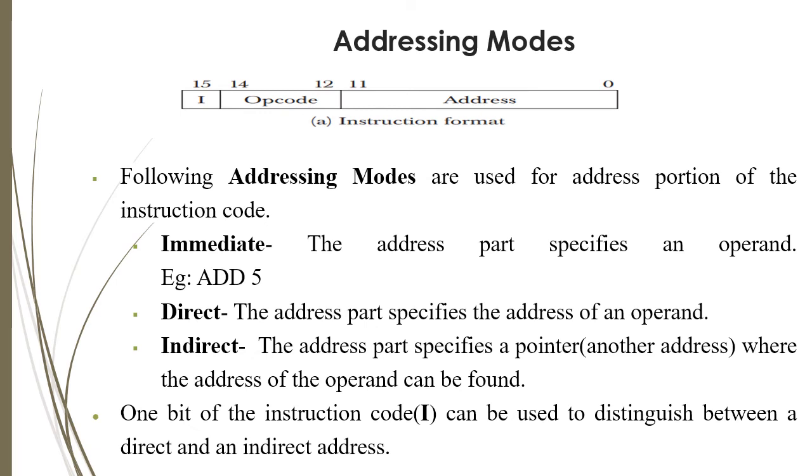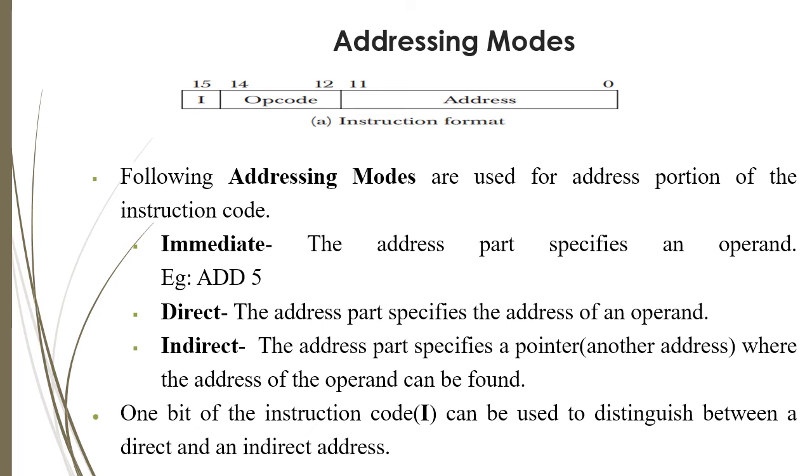First is immediate mode. In this mode, the operand is specified in the instruction itself. An immediate mode instruction has an operand field rather than the address field. Next is direct addressing mode. In this mode, the effective address of the operand is present in the instruction itself.